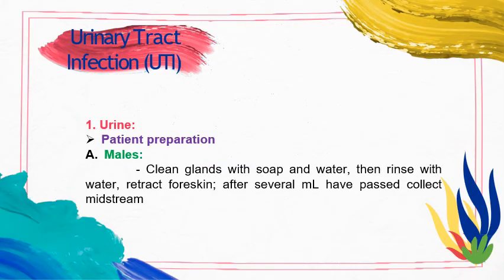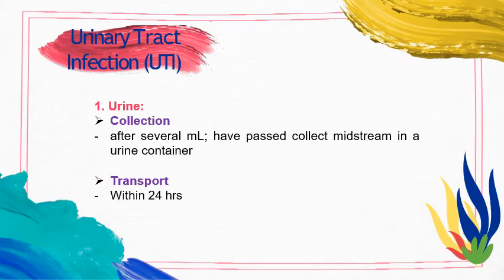Same with males: clean the glans with soap and water, rinse with water, retract the foreskin, or if you are circumcised, do not retract. After several ml has passed, collect the midstream in a urine container, and the transport is 24 hours.